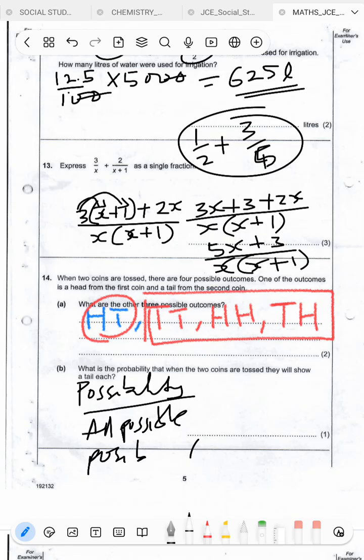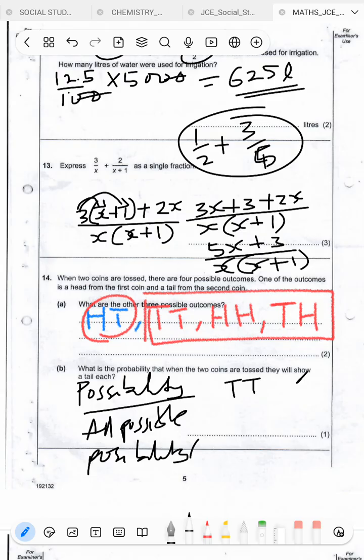So what possibility are we looking at? The possibility of getting tail. How many times are we going to get tail from there? We're going to get it 1 time. Out of all the possibilities, we're going to get tail 1 time.